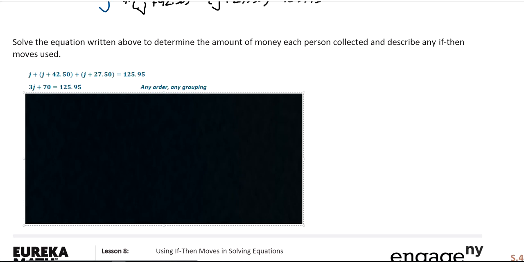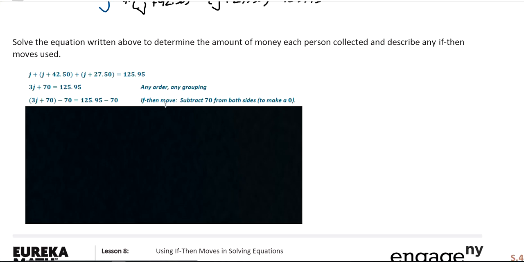So we saw here how we have J plus another J plus another J. Even though there's parentheses, it's only addition, so we don't need it. So repeated addition, J plus J plus J, turns into multiplication, 3 times J. Then another thing we did, 42.50 plus 27.50 equals 70. So we actually add those together, and we can because we know what the numbers are.